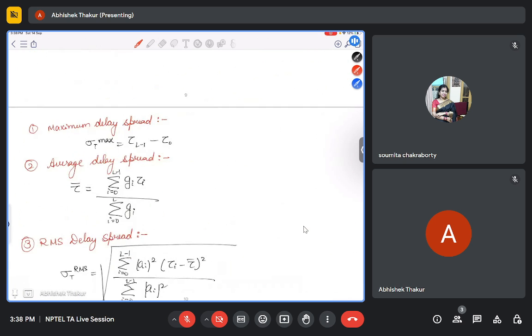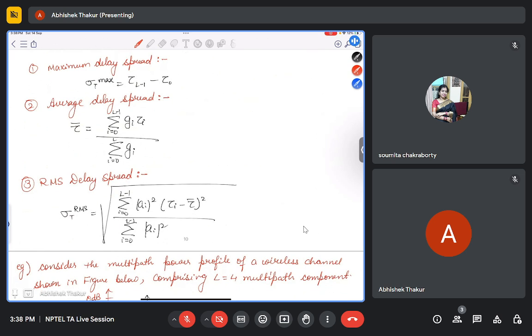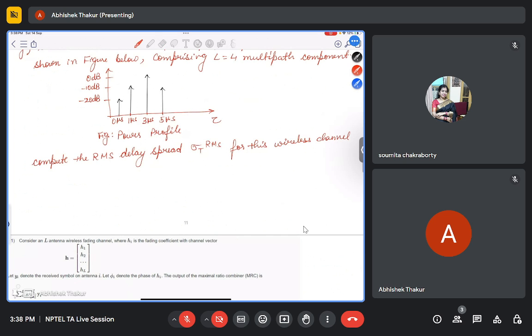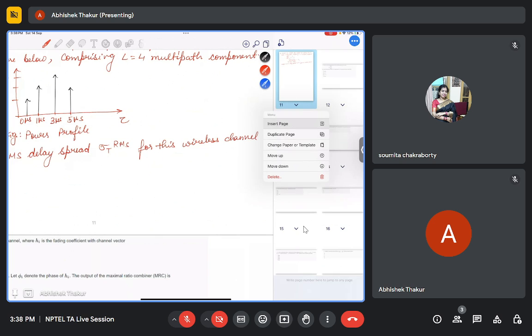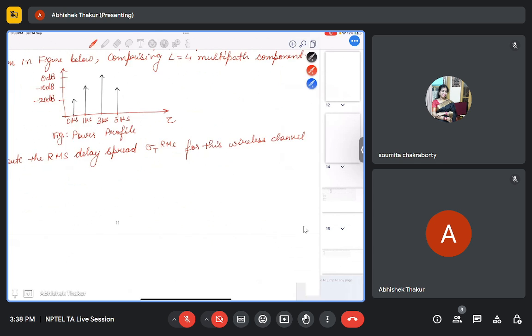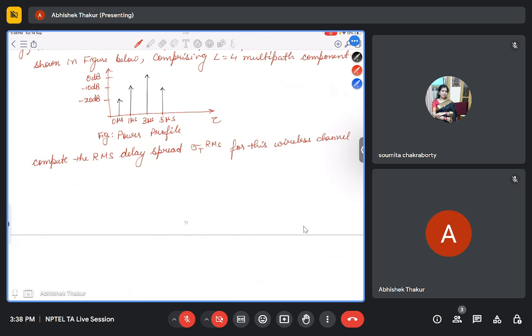So we will use this formula, but computing the RMS delay spread also requires the average delay spread, because here you can see this formula requires tau bar. So we have to compute the average delay spread as well. Now we have to first compute all the powers in normal units, as they are given in dB.